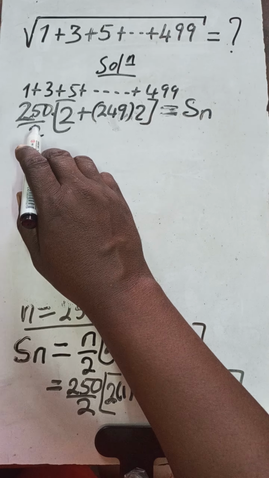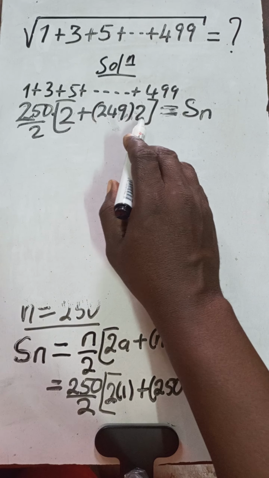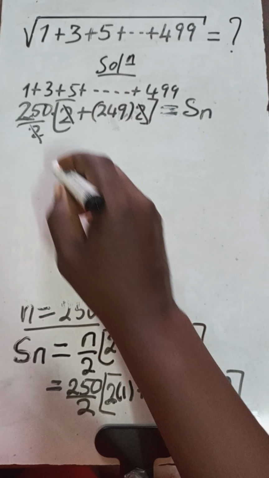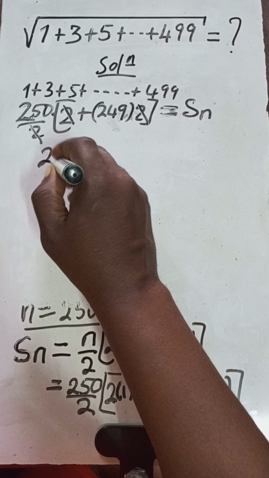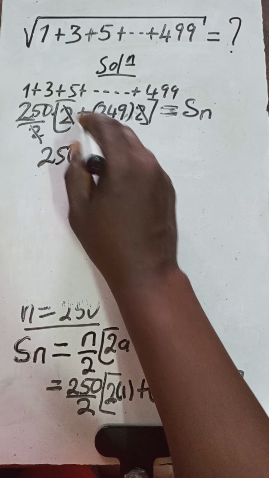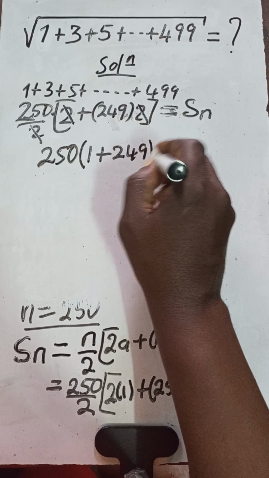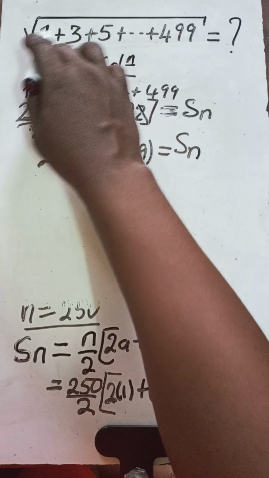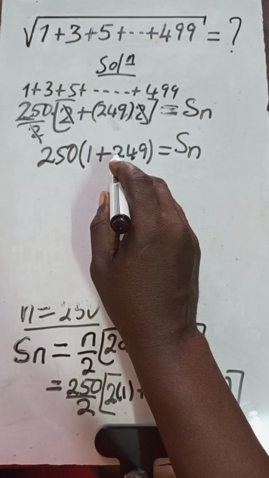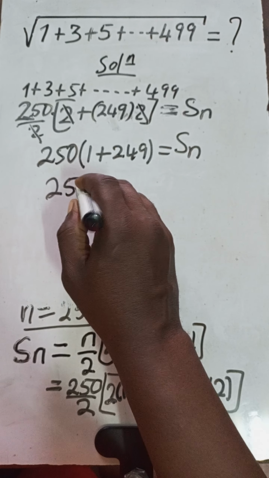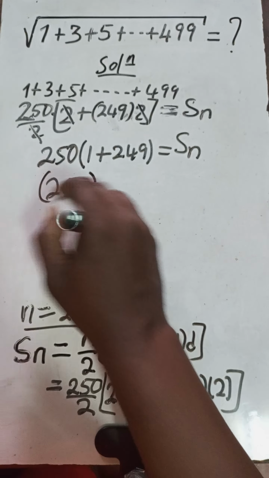Now, we are dividing everything in here by 2. So that this 2 will cancel here, will cancel there, and will cancel there. So that we'll end up with 250 into, when it cancels here, we'll have 1 plus 249 is equal to the total sum that we're looking for. 249 plus 1 again is 250. So we end up with 250 into 250 is equal to that sum there.